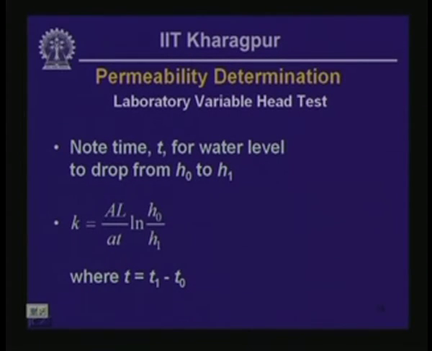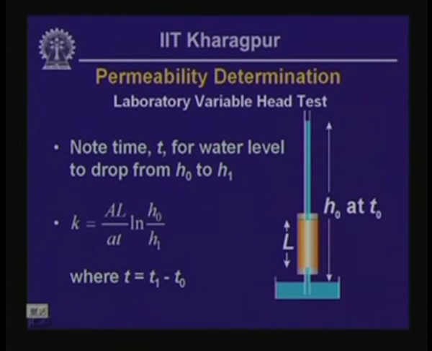From these two measurements we get permeability using the equation shown at the bottom left of this slide. Now, let us look at the animation of the experimental procedure. First, we place the cylindrical specimen in the configuration shown on the right, and then we let the water level drop to a smaller elevation.